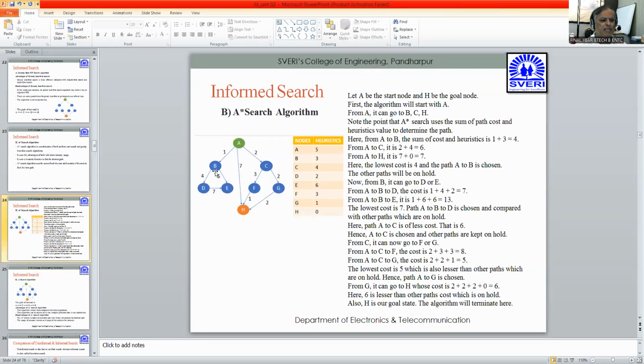One is A, B, D, E. There is also A, B, E. Then you have another one, A, H. So A, B, E, A, B, D, then A to H, A, C, F, H, and then you have A, C, G, H. According to the uniform cost, we have weighted values, so uniform cost is defined by the weighted values. And later, for the heuristic function, the heuristic values are also given.